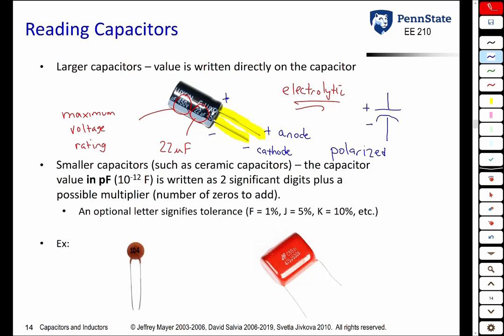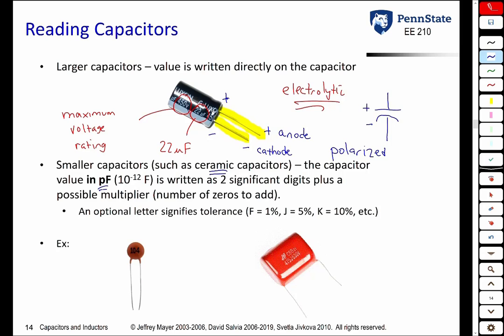The other way that you read capacitors is smaller capacitors, and a lot of the ceramic capacitors or disc capacitors that we use in lab are of this type. They use a numeric code. The capacitor value in picofarads, and pico once again is 10 to the minus 12, is written as two significant digits plus a possible multiplier. So you're going to see three numbers on these capacitors. The first two are significant digits.